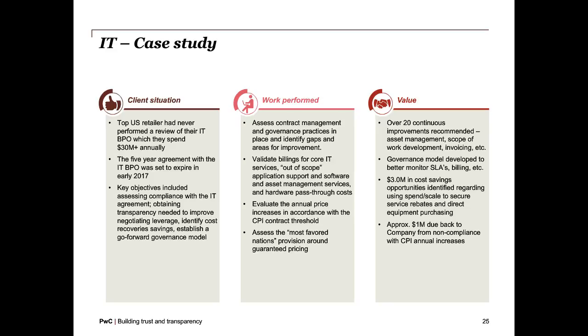And as in many cases when you review these contracts, and this one was about $30 million on an annual basis, there are things that fall through the cracks. Jeff laid out some of these recovery opportunities, if you will. In this case, the client was able to recover over $1 million due to some non-compliance issues with CPI increases.